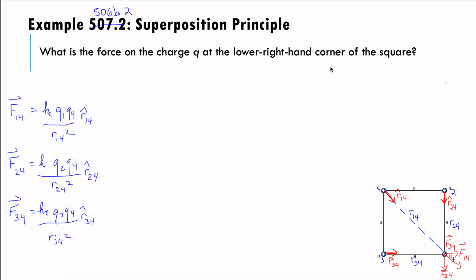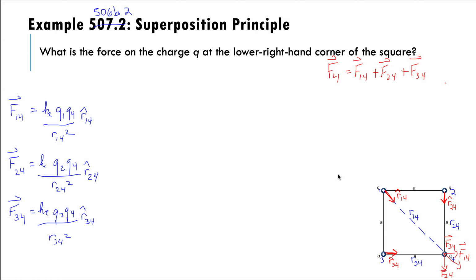We can write that over here. This is our goal, to find F4, and we're going to do that by adding F14 plus F24 plus F34, and we are going to use unit vector notation. The other thing I have also labeled here is each unit vector. Remember that when we write down Coulomb's law, which I have already written here for each force, it is Coulomb's constant times the product of the two charges divided by the distance squared between them, times the unit vector.